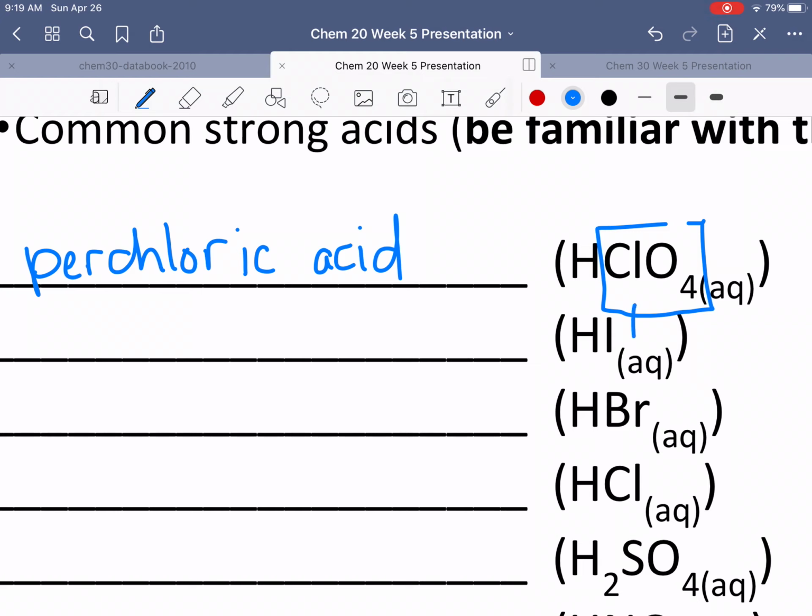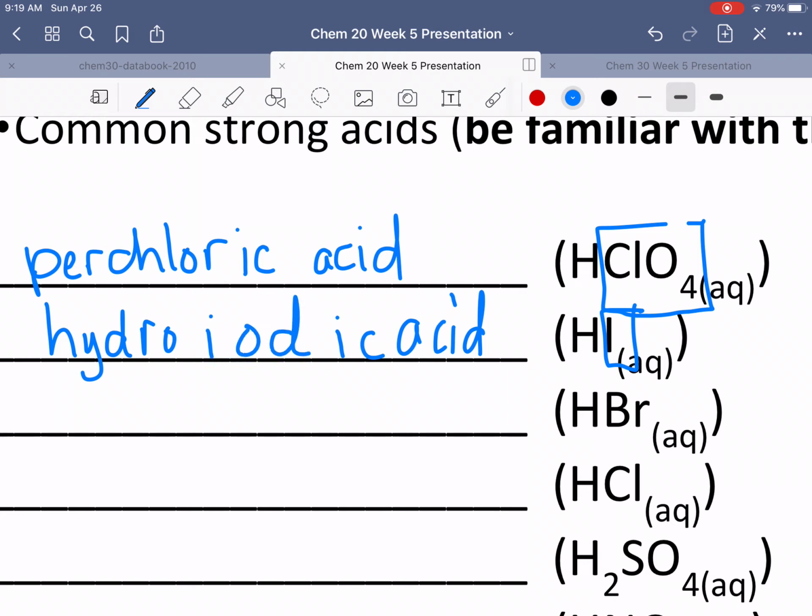Okay, let's look at the next one. We've got an I, which means iodine is our anion. When we have that, we end up putting hydro in the front, and then it's going to get ic acid. In terms of what goes in the middle, hydroiodic, right? Take the iodine, take off the INE to put ic acid. Similar type thing when the anion is bromide.